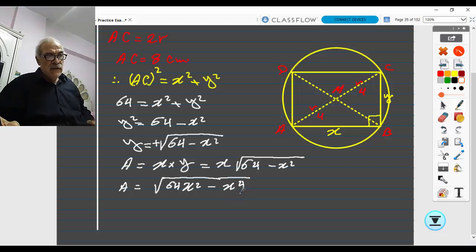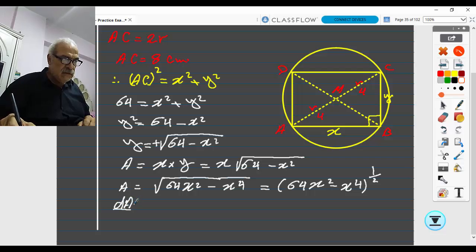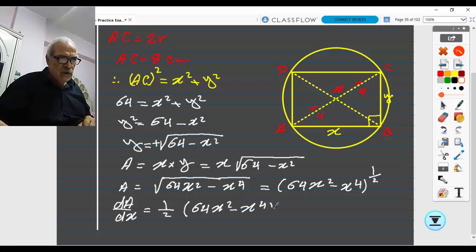Okay, it is the same, equals 64 X square minus X power 4 all power half. So dA/dx equals half multiply 64 X square minus X power 4 all power negative half.